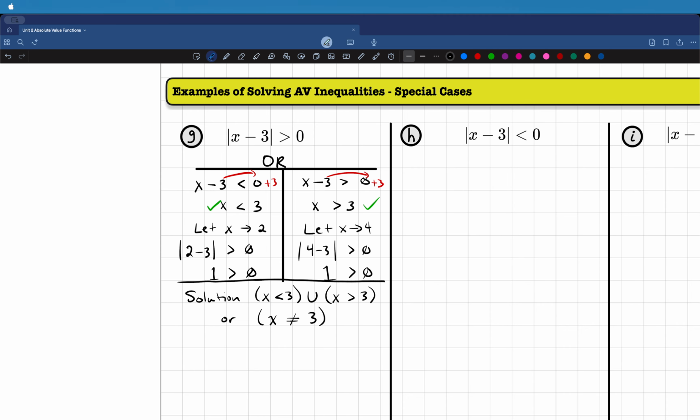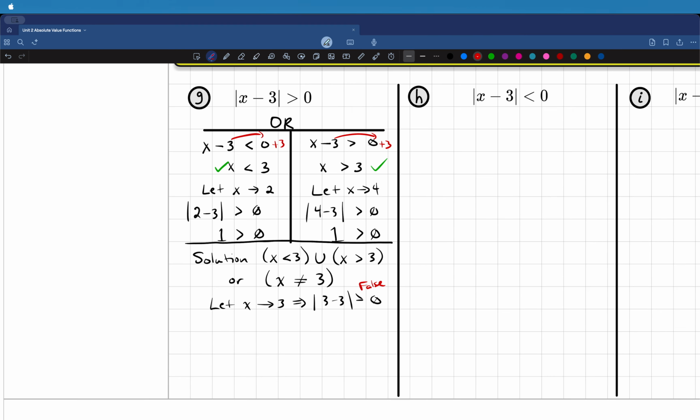If we let x equal 3, then we would get the absolute value of 3 minus 3, which is not greater than 0. It would be 0 is greater than 0, and that's just not a true statement. So we would not allow x equal to 3 to work for this one.